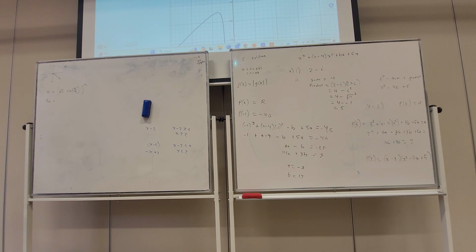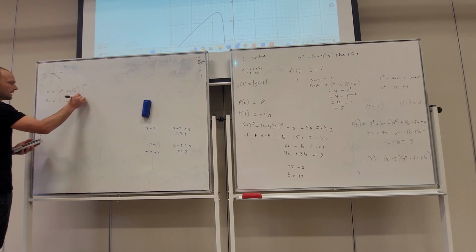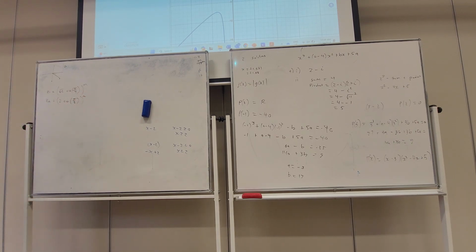So to convert, we'll go 1 plus root 3 i, and then I'll go option complex. 2 cis of pi on 3. And that's to the power of n. So we have z1 and z2.